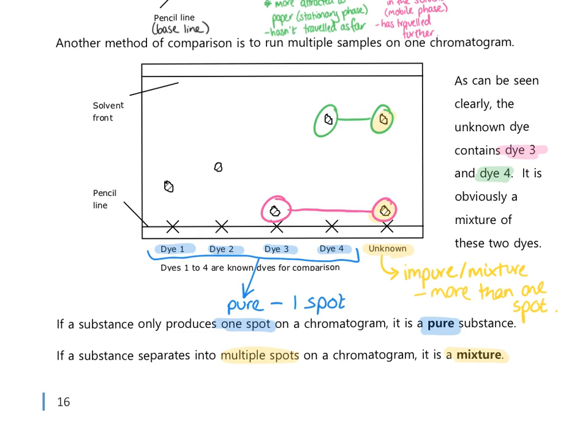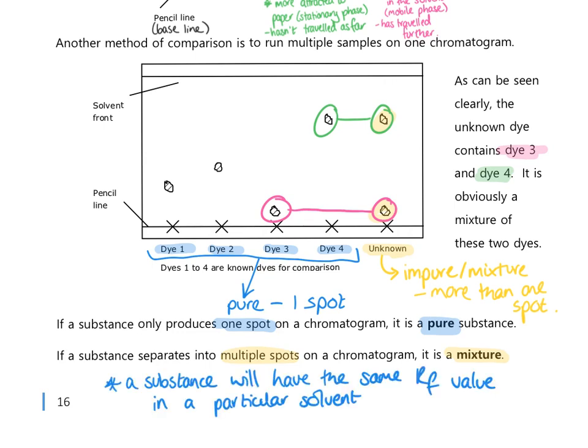And if you want to be totally accurate, you could calculate the RF values of each and see which match up. But again, just by looking at the chromatogram, you can see that it contains dye 3 and 4 because it has matching spots, and that's all based on the principle that a certain substance will have the same RF value in a given solvent.